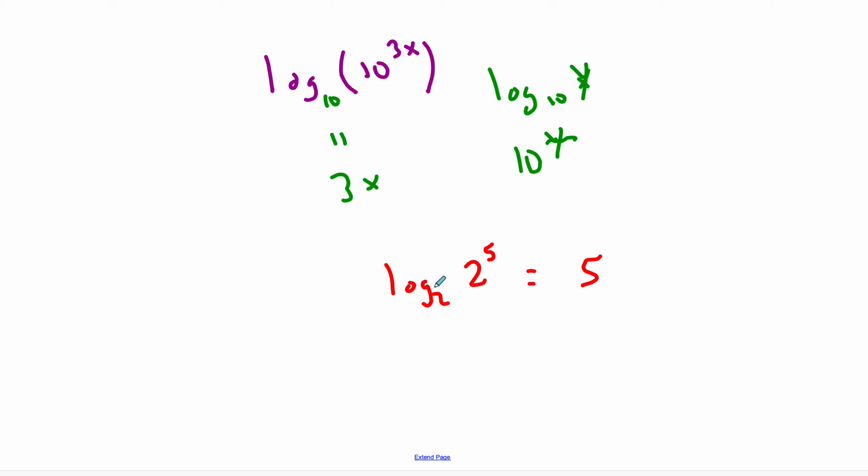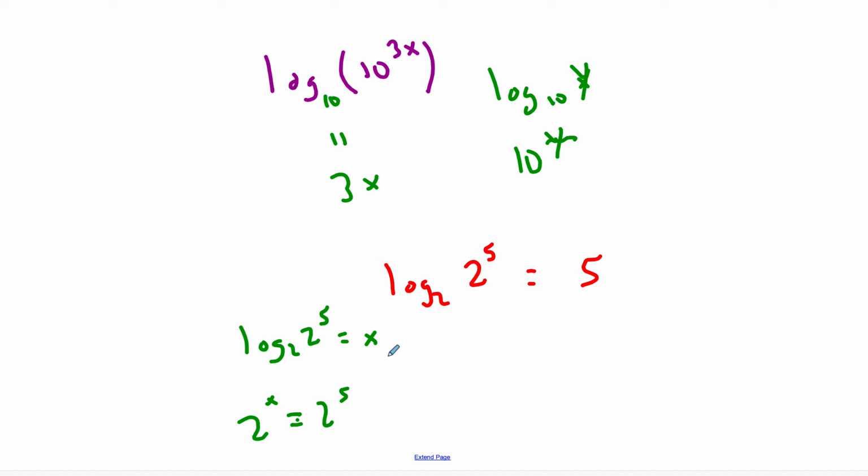Or you can rewrite it in exponential form, meaning the base 2 raised to some exponent we don't know equals 2 to the 5th, and at this point it becomes matching. That would mean that x has to be 5, which means your answer would be 5.